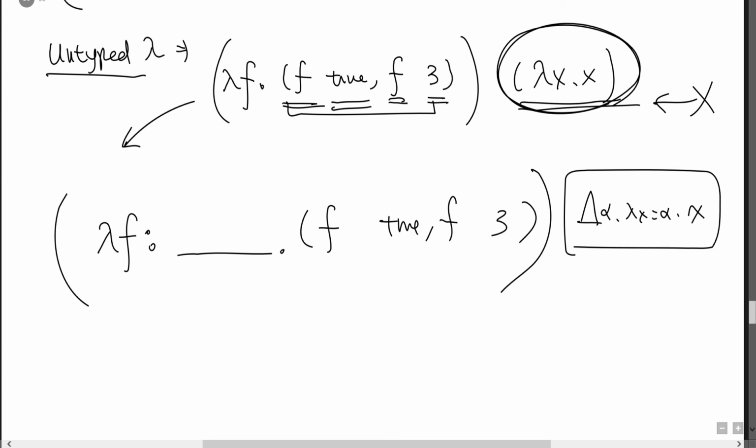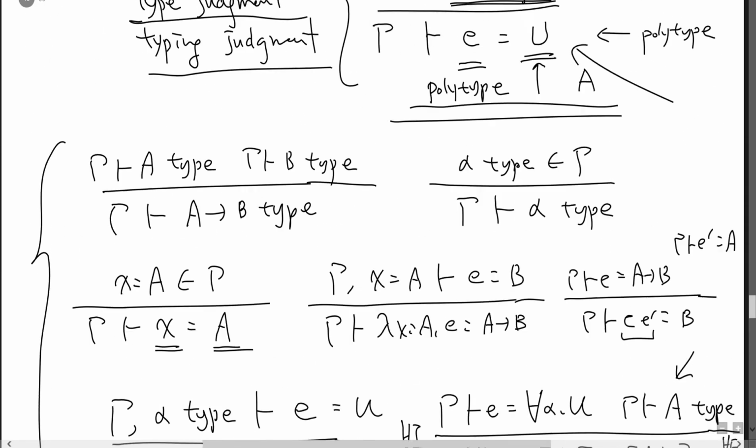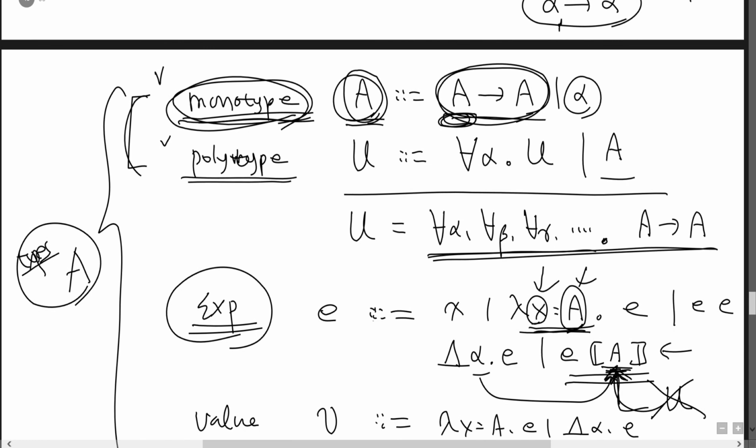But we see immediately that there's something wrong in this attempt, because the argument has this polymorphic type, whereas this formal argument, this variable f, is expecting a monotype. So if we go back to the definition of function type, the function type only allows monotype here.